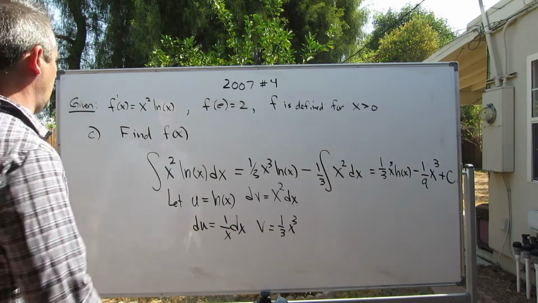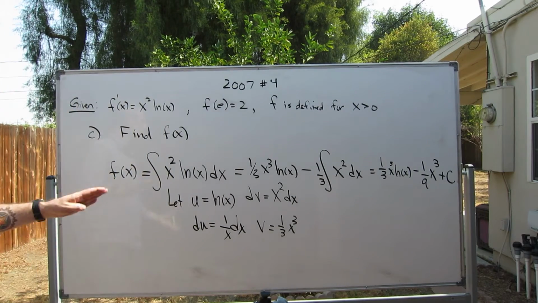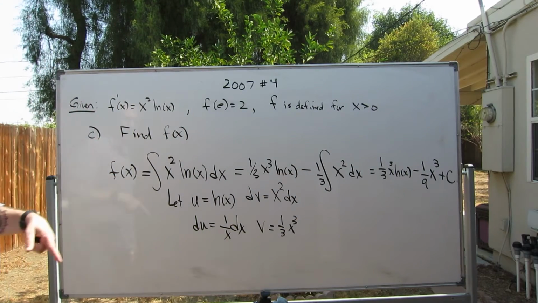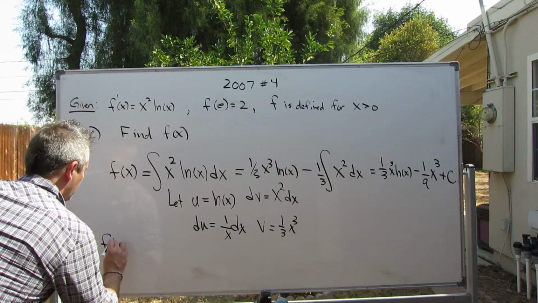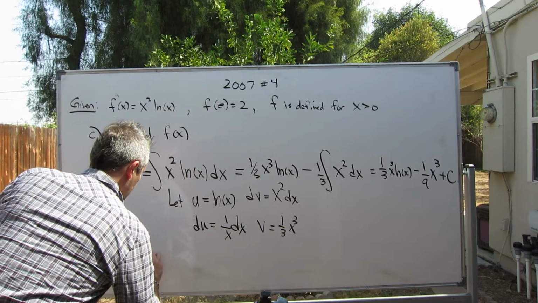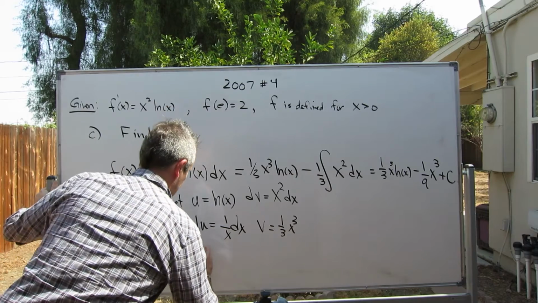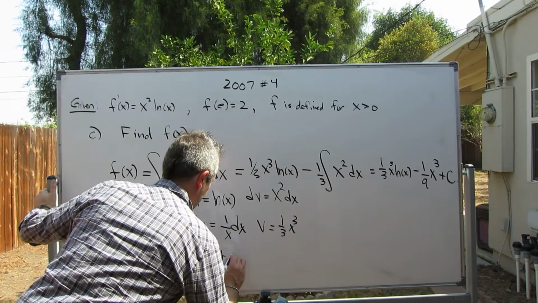So if I call this f of x, which is what it's ultimately going to be, it's not currently f of x because of the plus c. I can figure out what c is by plugging in f of e equals 2. So f of e would be 1/3 e cubed times the natural log of e, minus 1/9 e cubed, plus c.